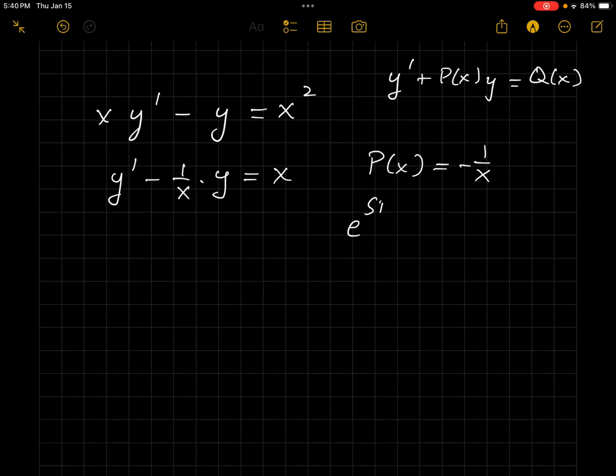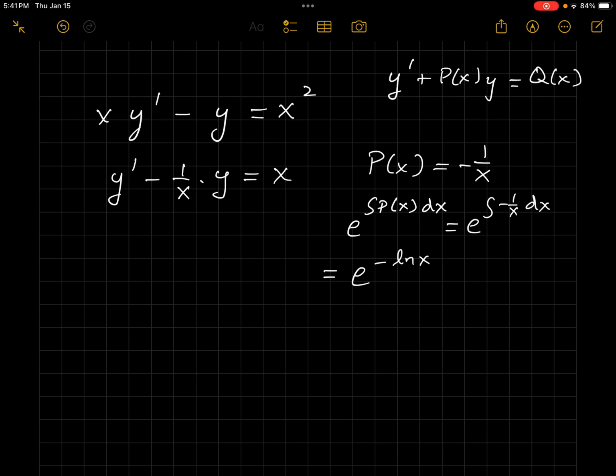The integrating factor, e to the integral of p of x, is e to the integral of negative 1 over x dx, which is e to the negative natural log of x. I'll leave off the absolute values here, as well as the plus c.